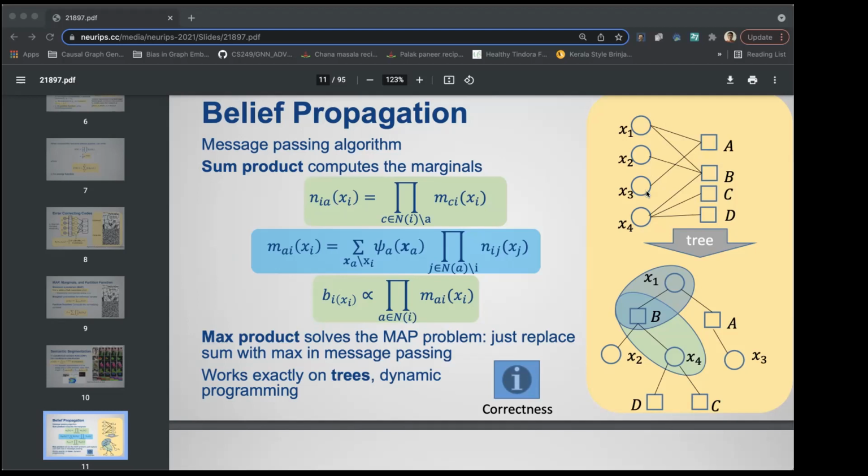So this is an efficient conceptualization based on message passing to compute this marginal probability without having to sum up over every single instantiation, but leveraging this information that each factor only takes in a subset of all the random variables.